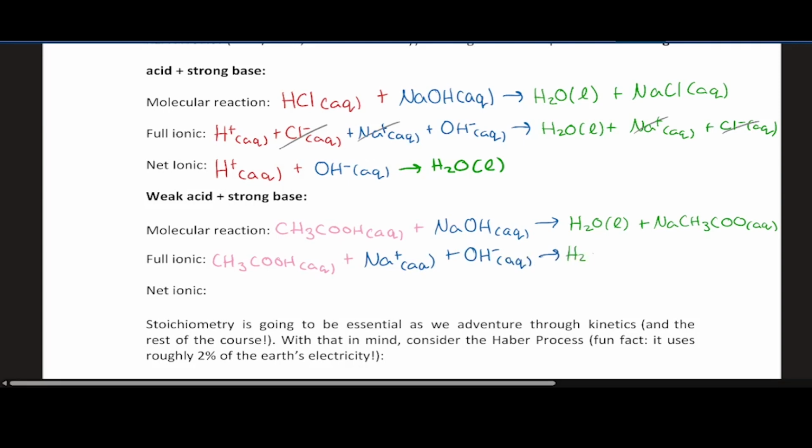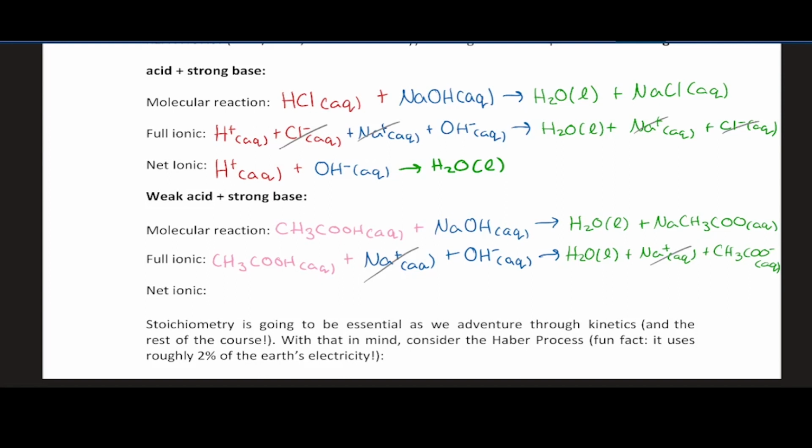Water will remain water, and our salt will break up. Once again, we'll go through this and cancel out the similar things. On both sides, we have a sodium ion, and that's the only thing that we can get rid of.